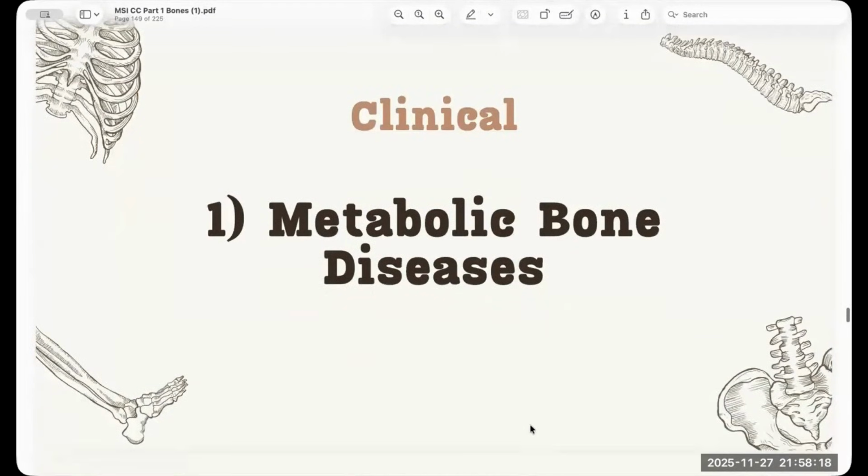Now, the first clinical lecture is about the metabolic bone diseases. As a disclaimer, I've already said this, but most of the information covered in the clinical lectures has already been covered in the pathology lectures that we're done with.